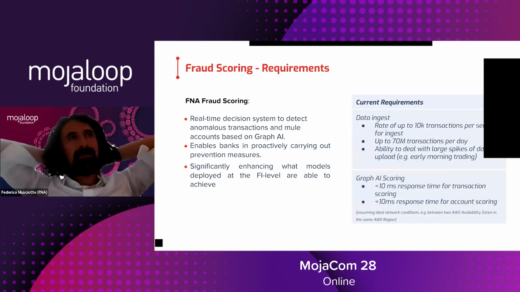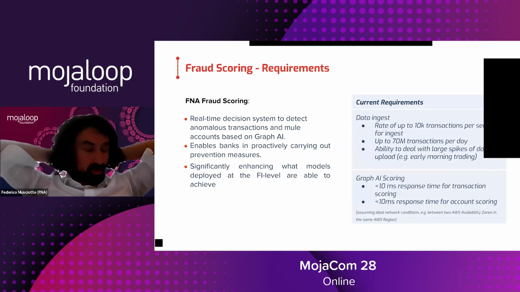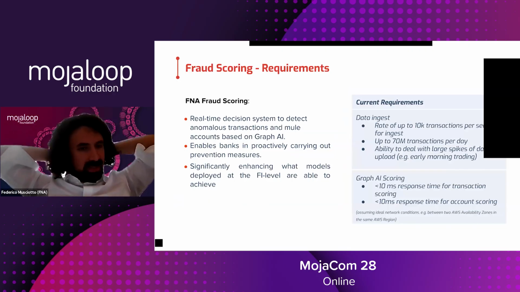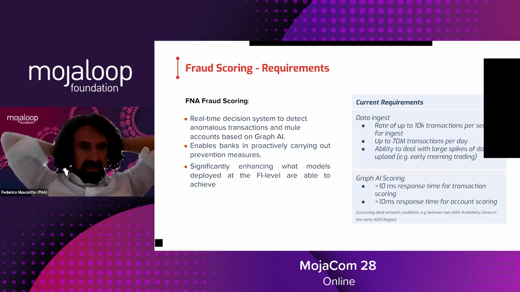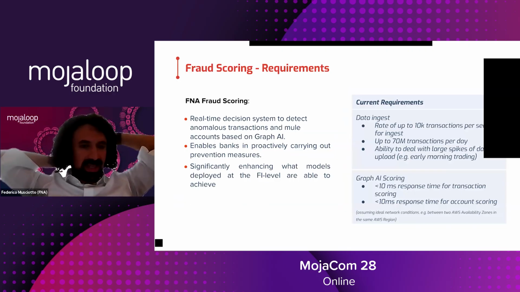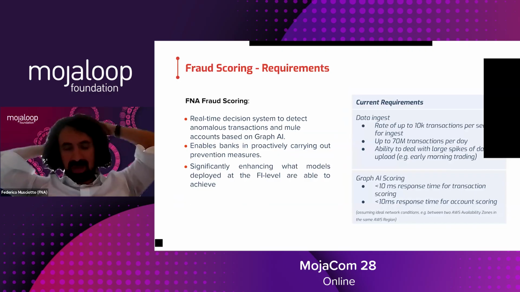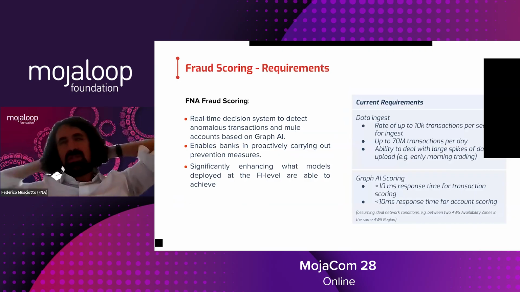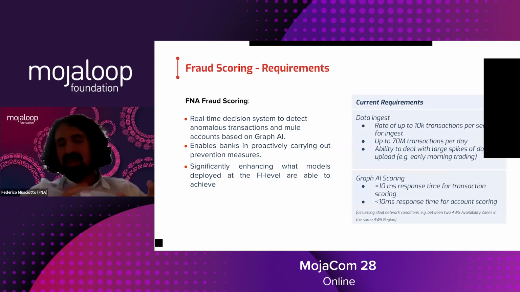Going now a bit more into the details of what we talk about when we refer to fraud scoring: fraud scoring is a real-time decision system to detect anomalous transactions and mule accounts based on GraphAI. There's a slide on GraphAI; it's not so important here, but it gives you a flavor of what exactly we're doing, because our point is that we work on centralized data.